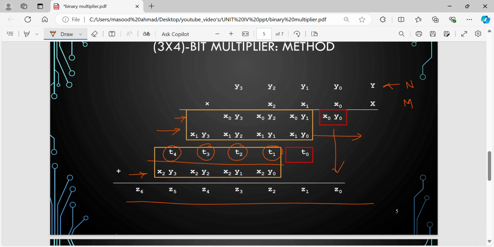If there are m bits, here m is 3. When m is 3, how many adders are we using, how many times are we doing the addition process? We are using a 4-bit adder, where n is equal to 4. So we are using a 4-bit adder 2 times. The adder size is n, which is nothing but the multiplicand size.